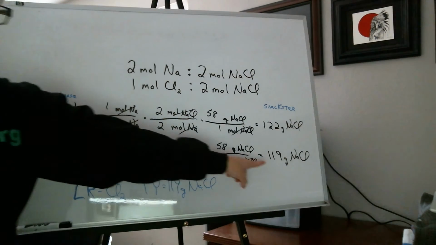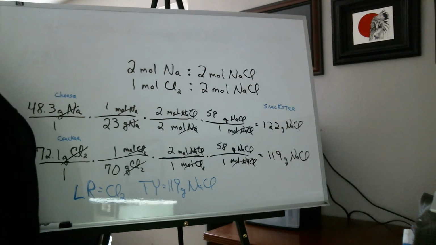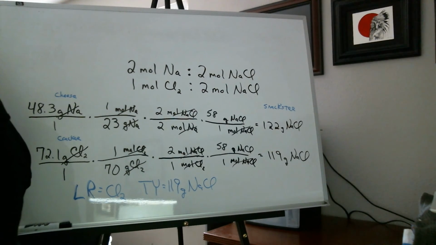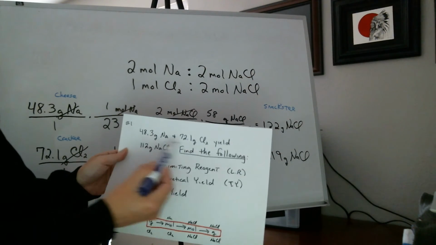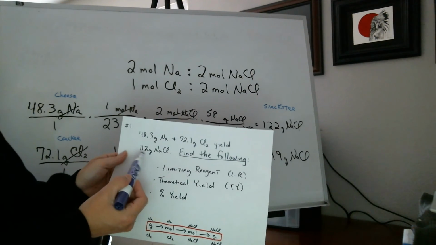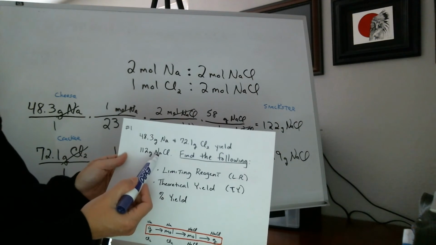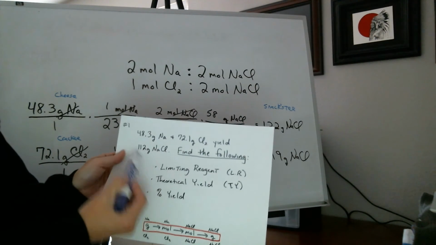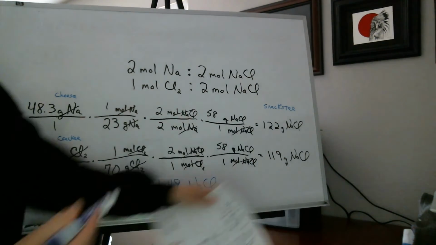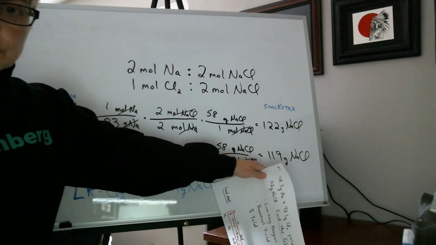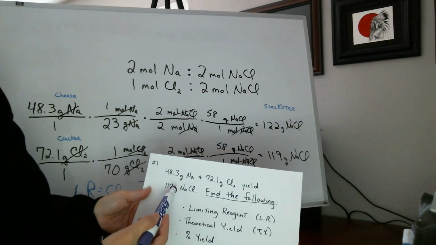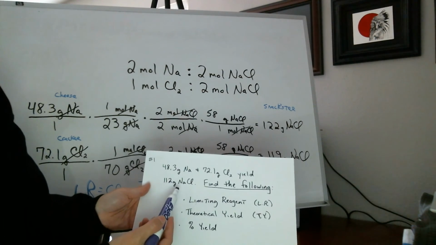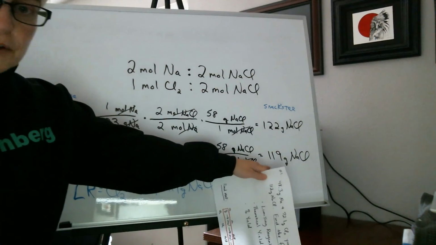Well, this is our theoretical. And in our original problem, it says that this yields 112 grams of sodium chloride. So this is what was actually produced. This is what theoretically can be produced. So this is like my little snacksters that were not defective. And this is my total number of snacksters I could produce.